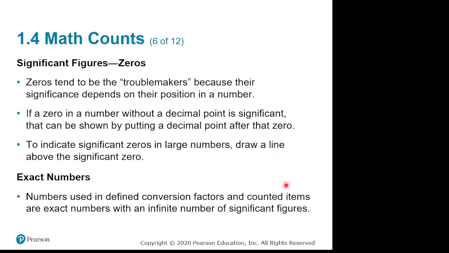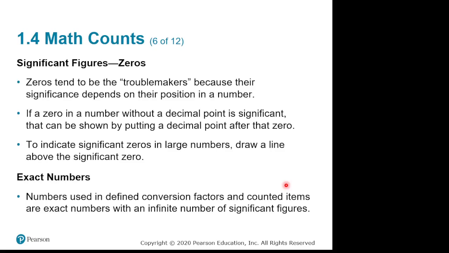If we have exact numbers, they're counted as having an infinite number of significant figures. An exact number would be a thing like the number of students in this class, the number of ears you have, the number of toes you have. You can count those and not have a problem. The number of fingers you have. Those are definite things that you don't have parts of, right?